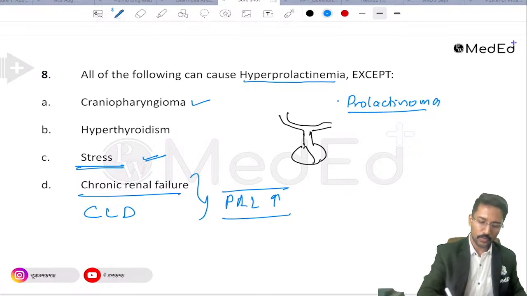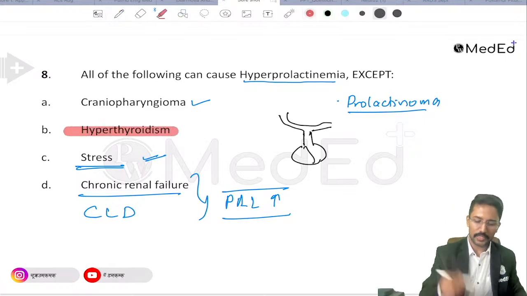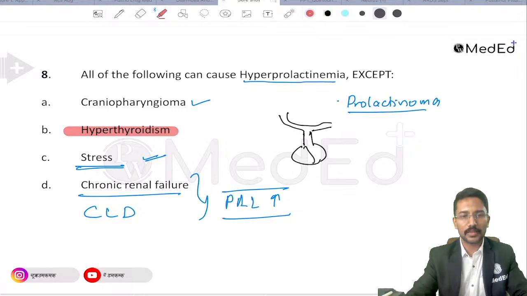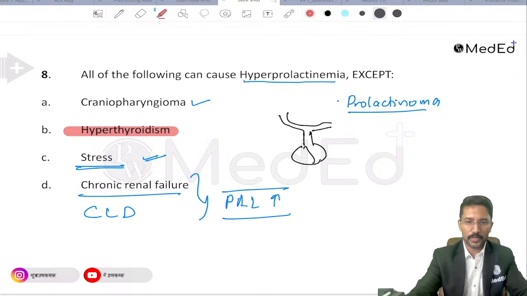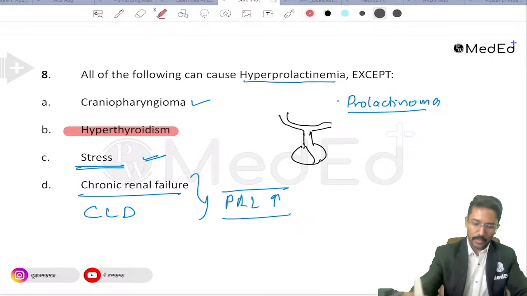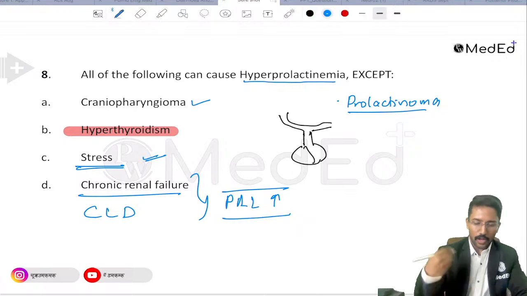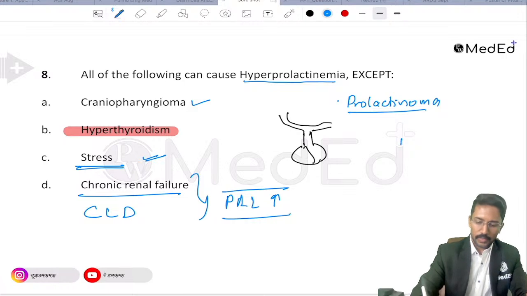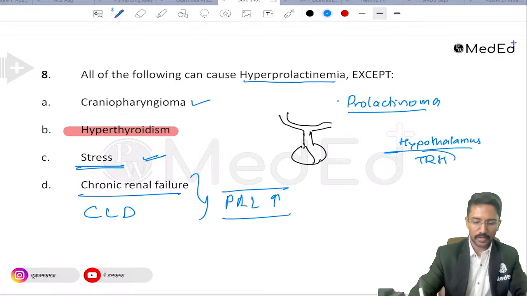Okay. Now coming to this option, hyperthyroidism, can it be associated with hyperprolactinemia? Okay. I have to tell you how the thyroid gland is regulated. The hypothalamus produces a hormone called TRH, right? Thyrotropin releasing hormone.